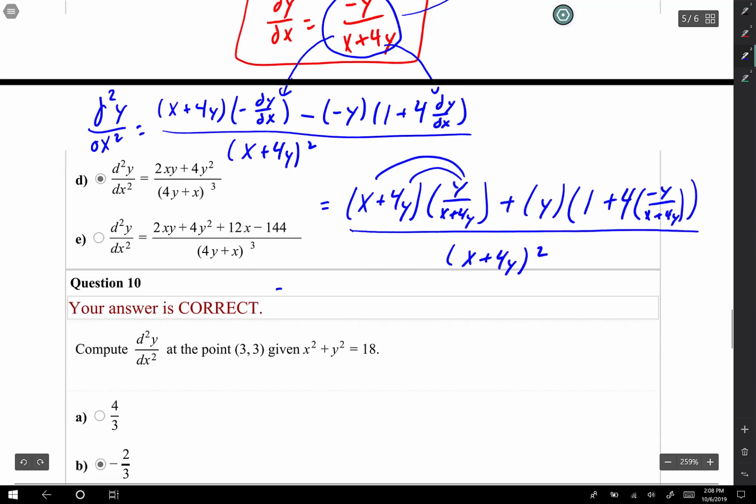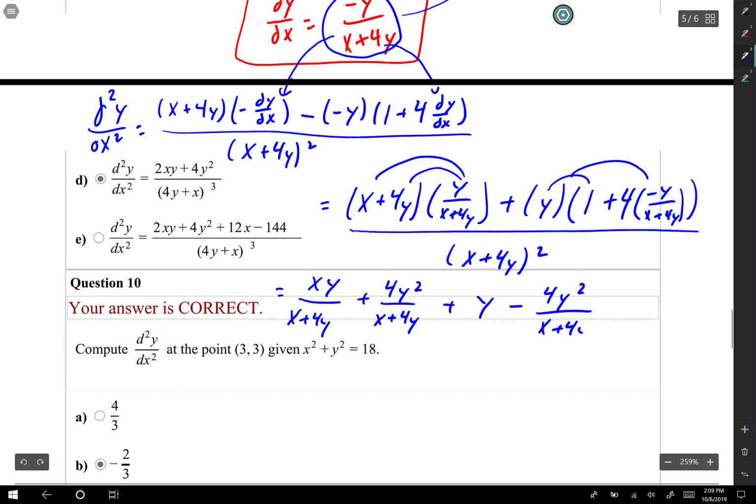So finally, here's what we get. We have xy over x plus 4y, plus 4y squared over x plus 4y, plus, it looks like it's just a y, minus 4y squared over x plus 4y.